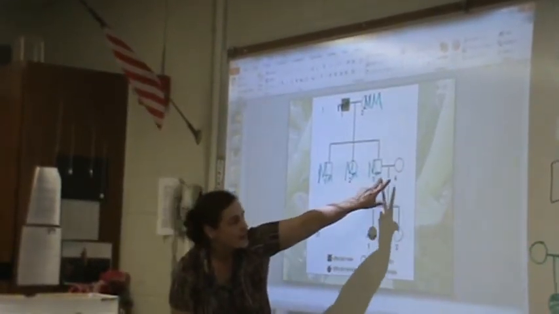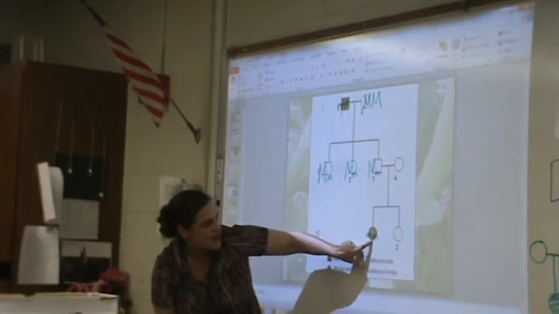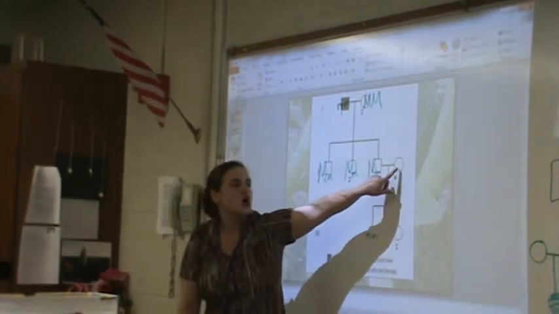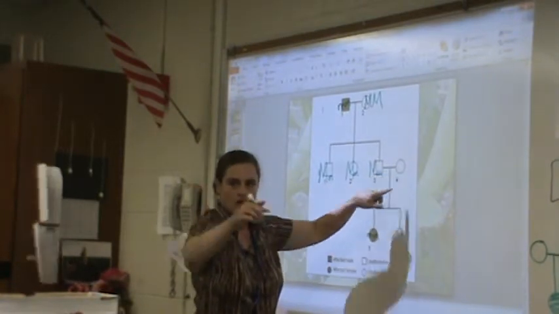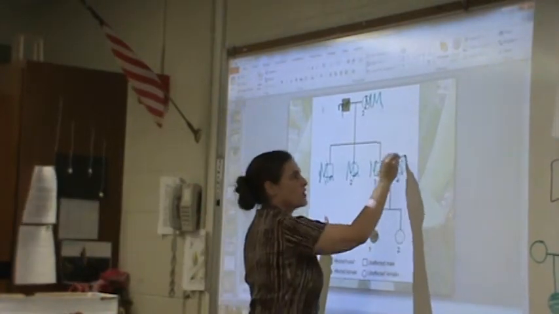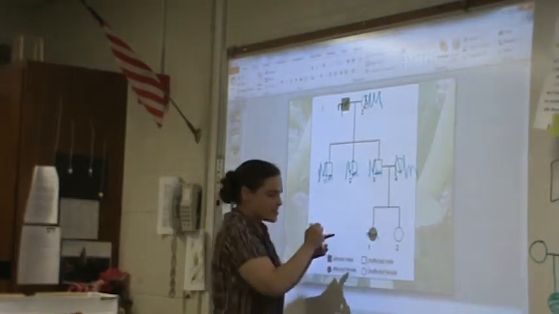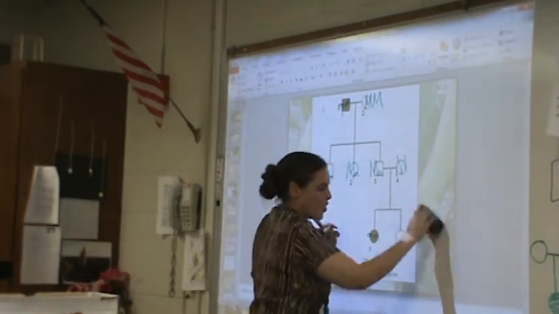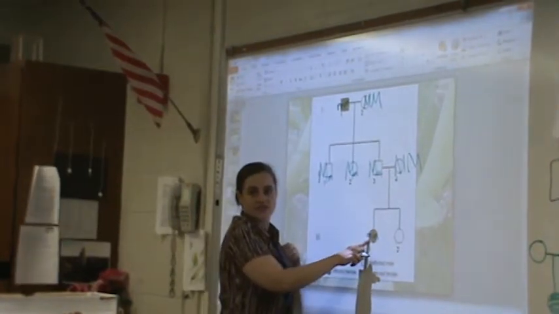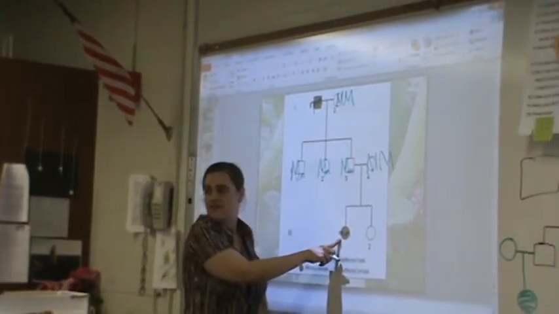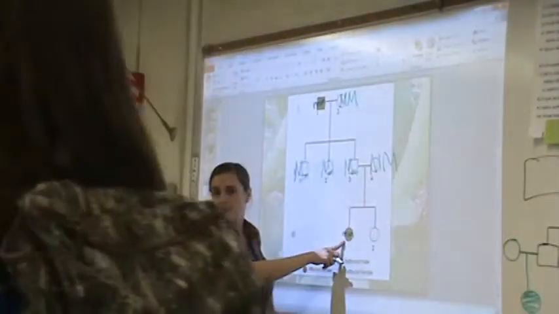If these parents have this child, what does her genotype have to be? Uppercase and lowercase, so heterozygous. If this mother was homozygous dominant, none of the babies would have the disease because all of them would have a dominant allele. Does that make sense?